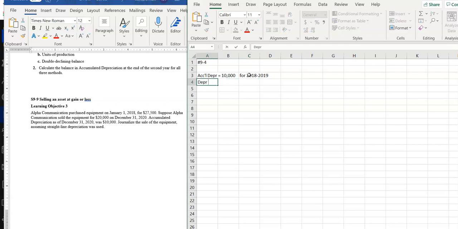All right, so depreciation per year equals 10,000 divided by 2 years. So it equals 5,000 per year. All right, so 2020 depreciation is 5,000 again. All right, so they had 10,000.